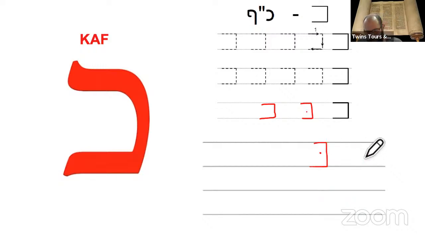Without a dot is che, like bach or chatul, different words.